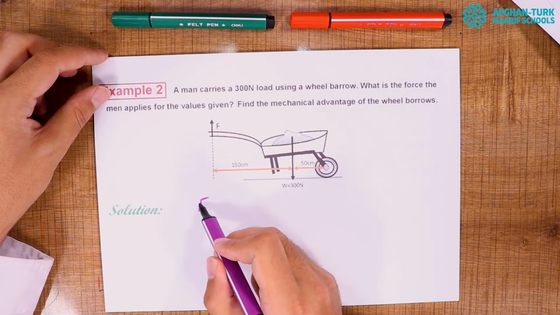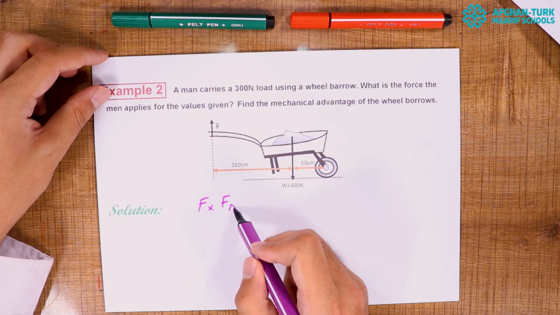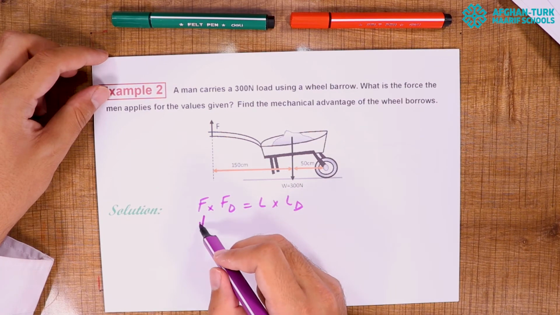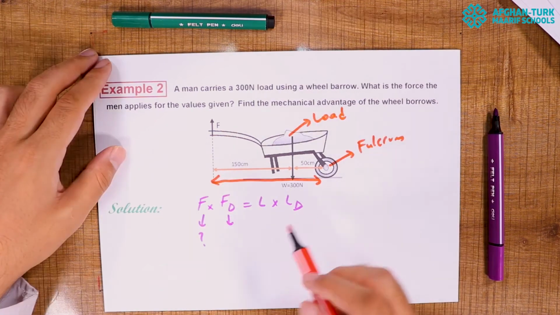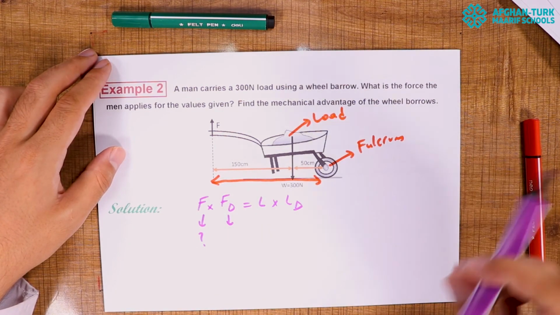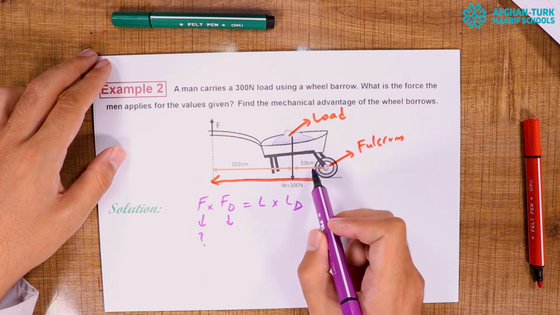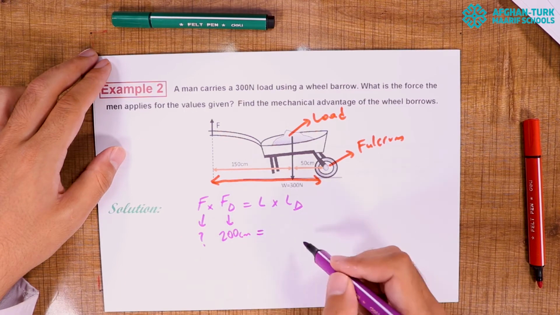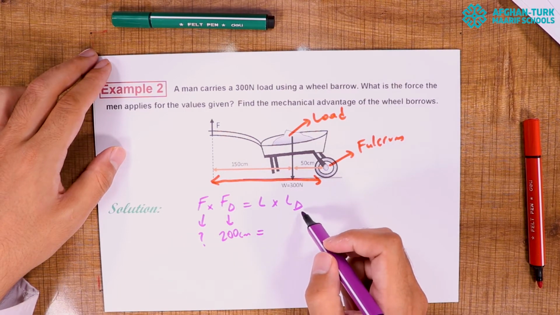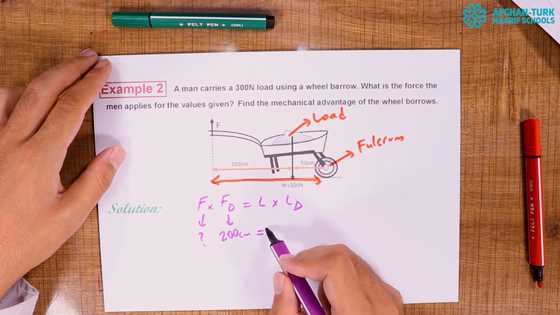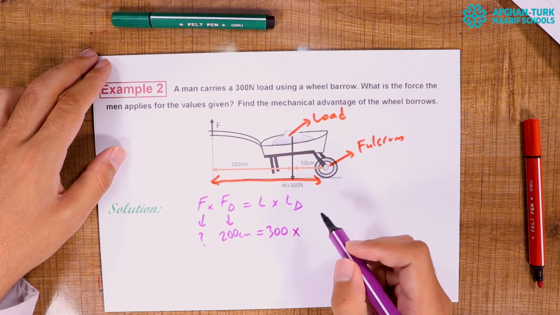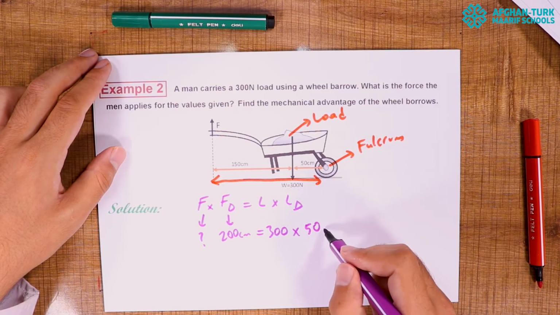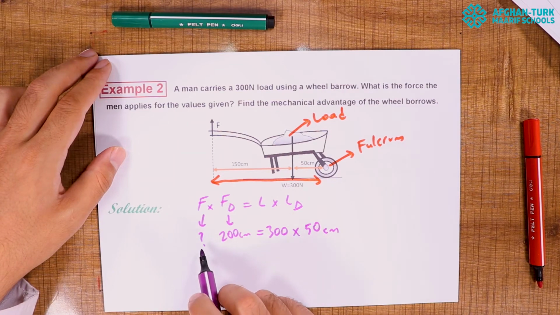So my formula was F times force distance is equal to load times load distance. So I'm looking for F here. What is force distance? The force distance is equal to 150 centimeter plus 50 centimeter, and that's equal to 200 centimeter, which is equal to load times load distance. And my load is 300 Newton times load distance, and the load distance is equal to 50 centimeter. So I was looking for the force.